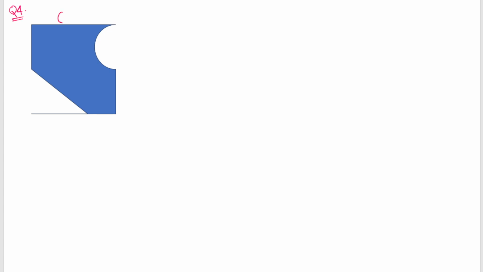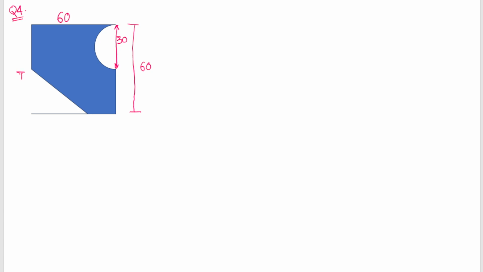Okay, so this is the problem, and let's note down the dimensions. This side is 60 and this entire height is also 60. It's a square, and the taken out area, this semicircle, has a diameter of 30.